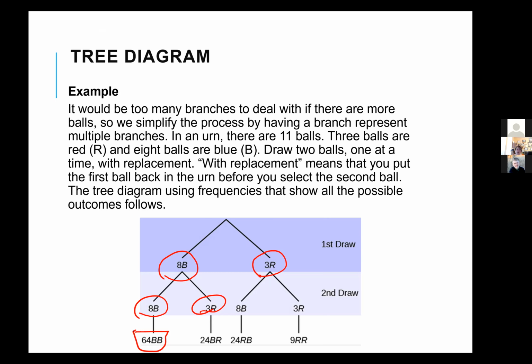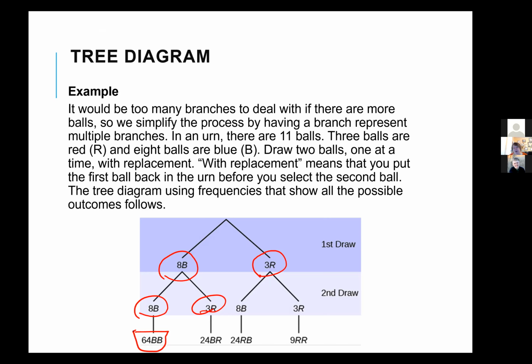If the first ball you drew was red, there are 3 red balls in the urn, and in the second draw there are 8 different blue balls. So my sample space contains 24 outcomes that are red, blue: you draw a red one the first time and a blue one the second time.